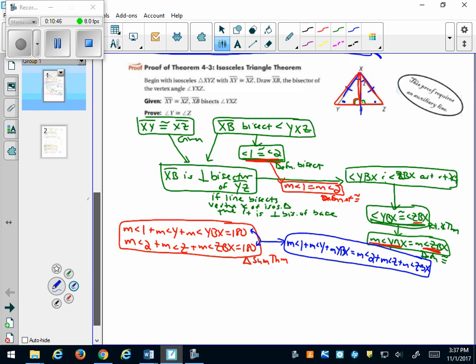Now, since the measure of angle 1 equals the measure of angle 2, I can justify subtracting angle 1 from that side and angle 2 from that side. And since YBX equals ZBX, I can subtract YBX from this side and ZBX from that side. So with all of that subtraction, I end up with the measure of angle Y equals the measure of angle Z. Subtraction.